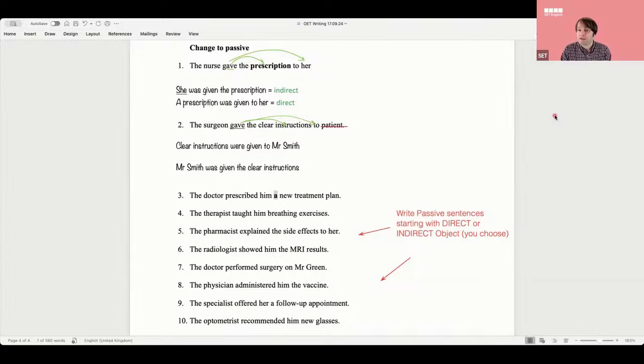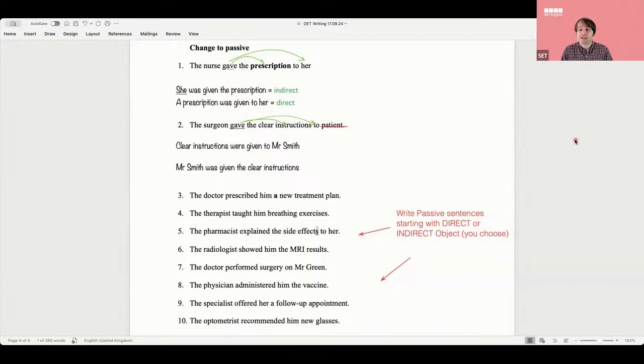So Priyangi, this is good. Patricia, this is good. Breathing exercises. Correct, Mustafa. Anna, the side effect was explained. Yeah, so Anna, this was good. Side effects, don't forget the S, Anna. Okay. Sevkan, breathing exercises were taught by the therapist for him.